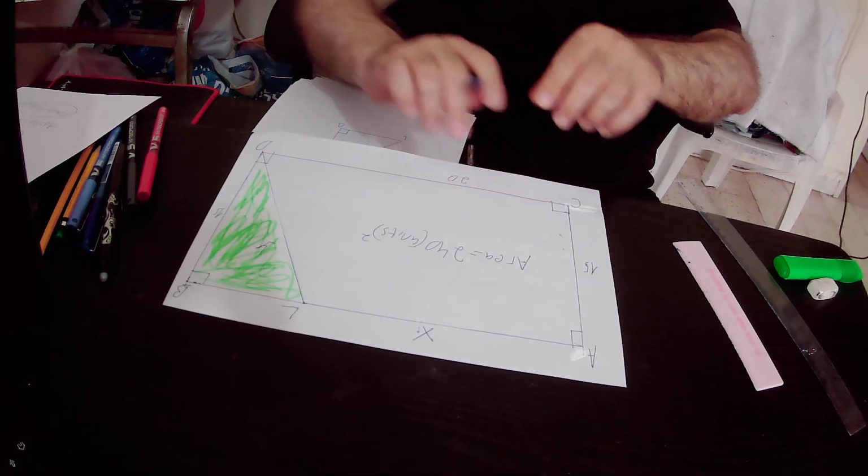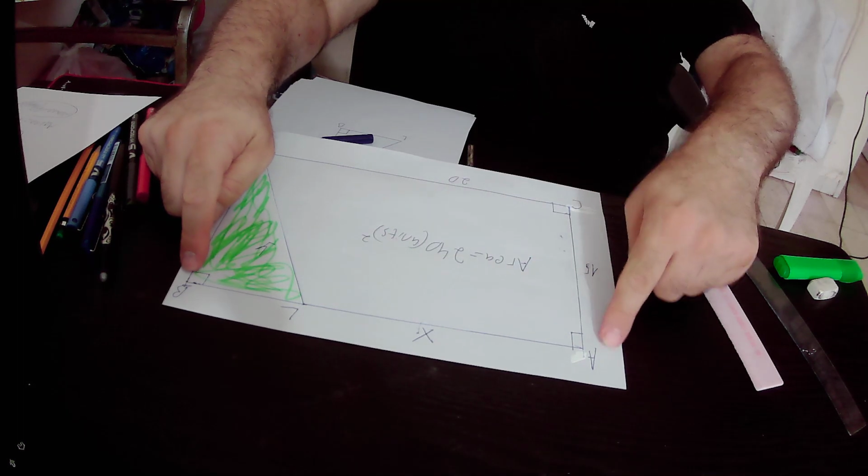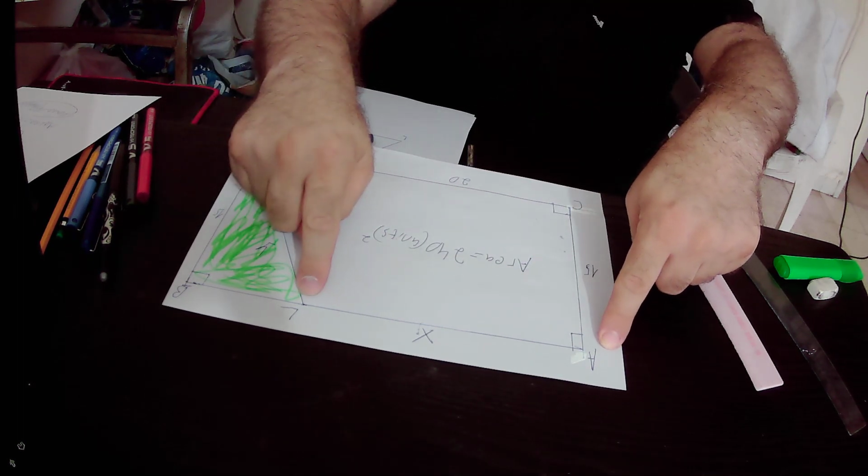Actually, the size of LB equals 20 units minus x.